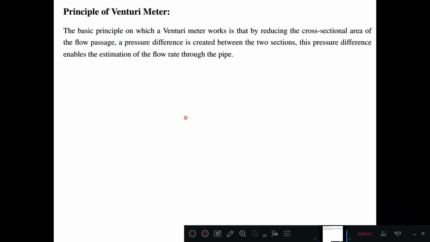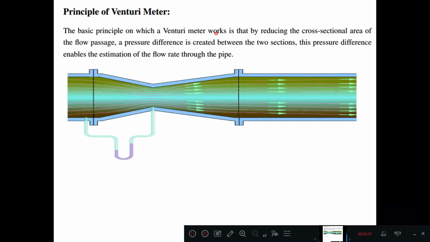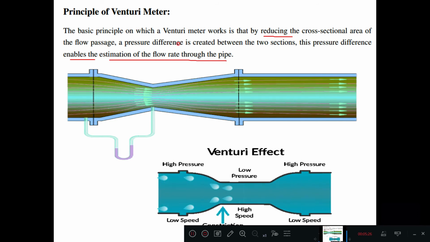The basic principle on which the venturimeter works is that by reducing the cross-sectional area of the flow passage, a pressure difference is created between the two sections. This pressure difference enables the estimation of the flow rate through the pipe. So this is the basic principle of the venturimeter.